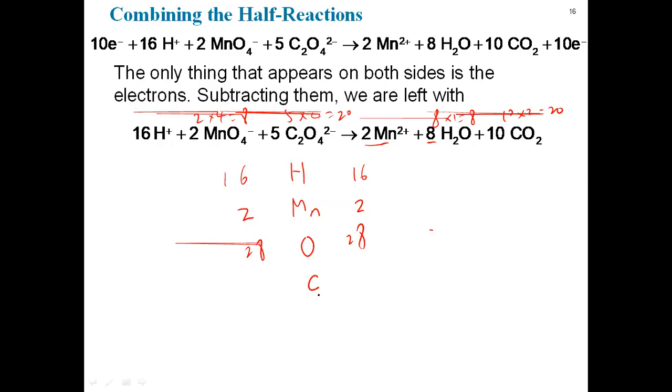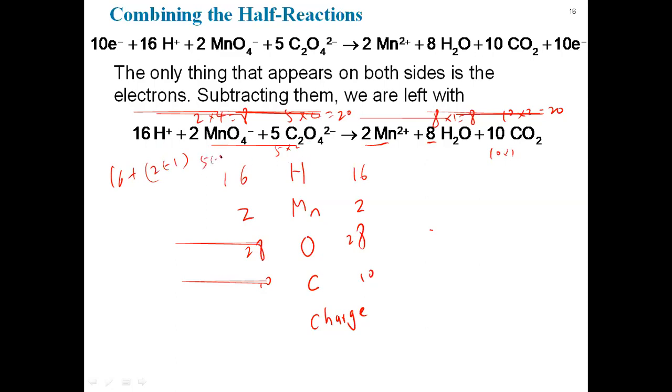Then next will be carbon. How many carbon do we have on the left? 5 times 2, so 10. How many carbon on the right? 10 times 1, also 10. Also make sure you check the charge. What is the charge altogether on the left? Here you have 16 plus, then 2 times negative 1, then 5 times negative 2.